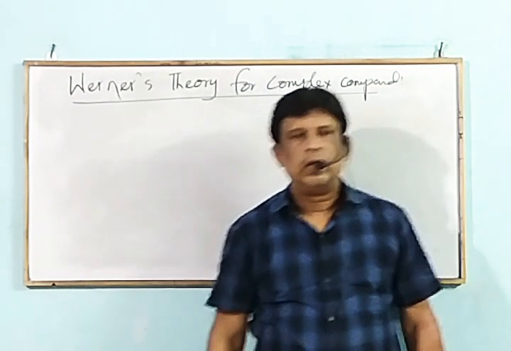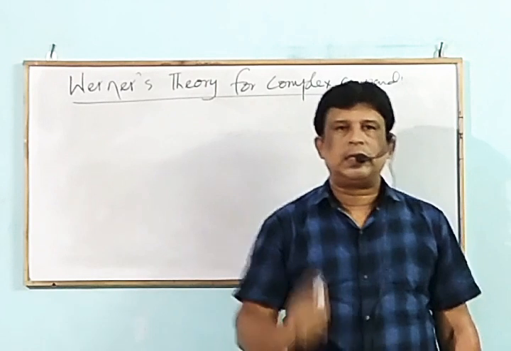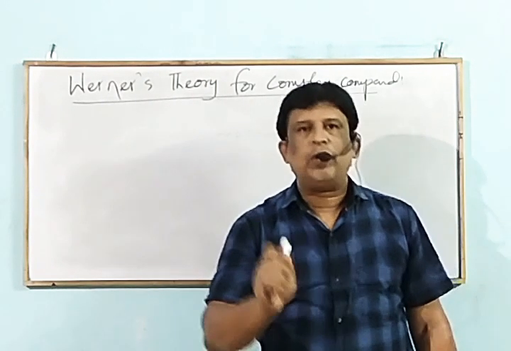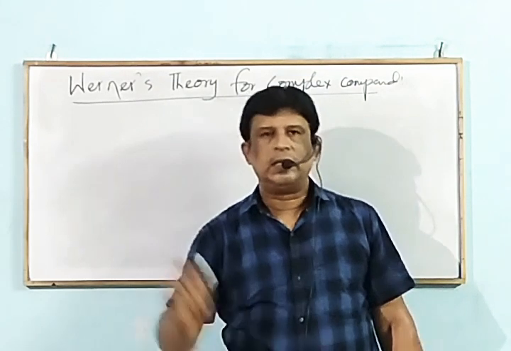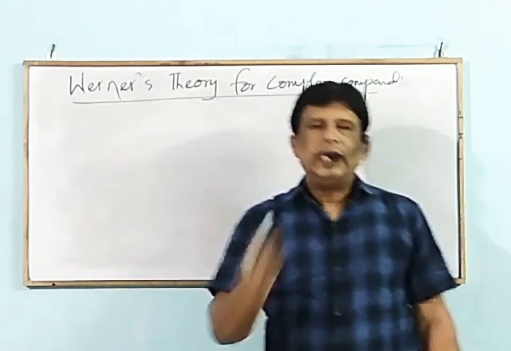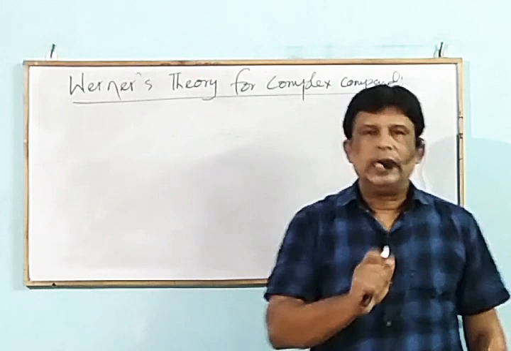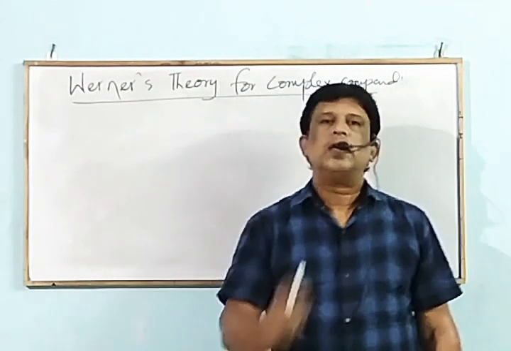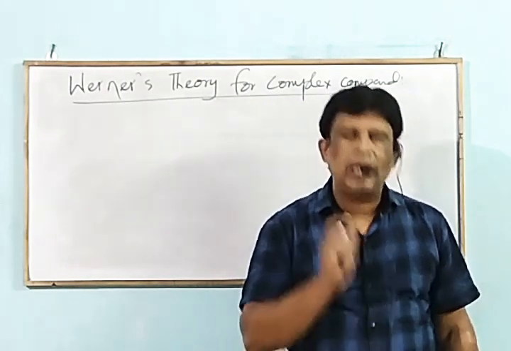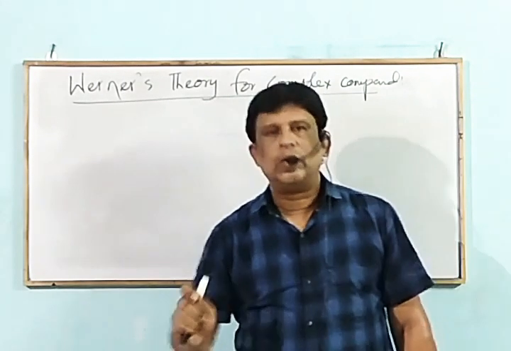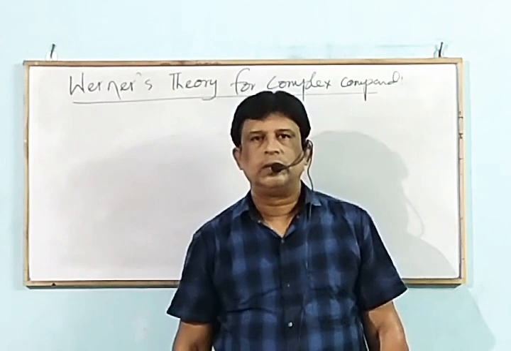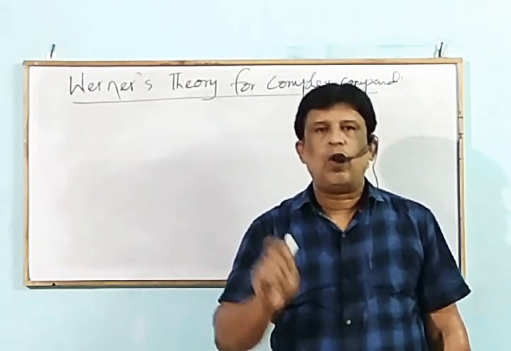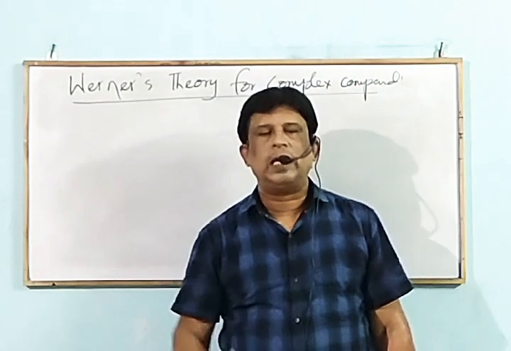Point 1. In every complex, the central metal atom exhibits 2 types of valency. I repeat again. In every complex, the central metal atom exhibits 2 types of valency.